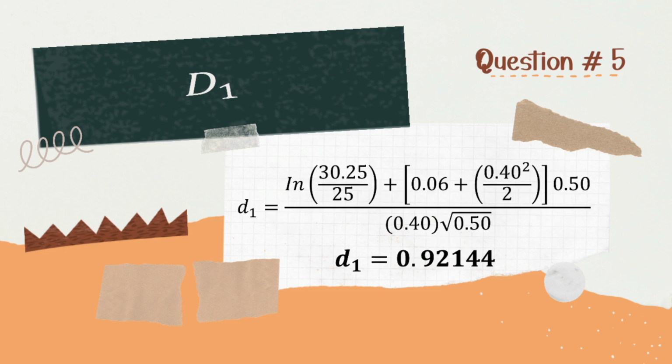So substitute the values. We will now arrive at the answer 0.92144 for the d sub 1.